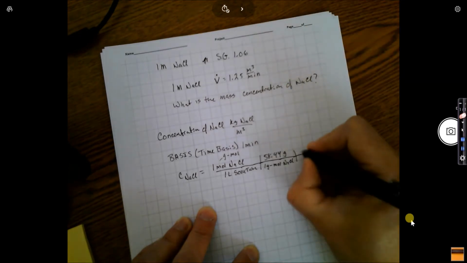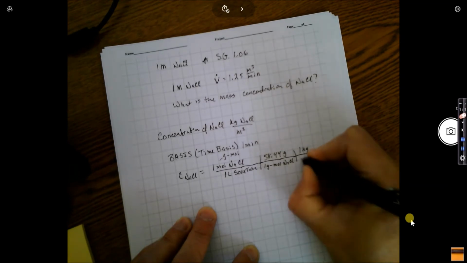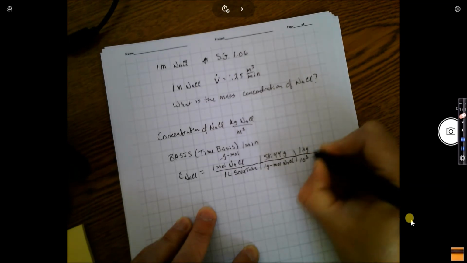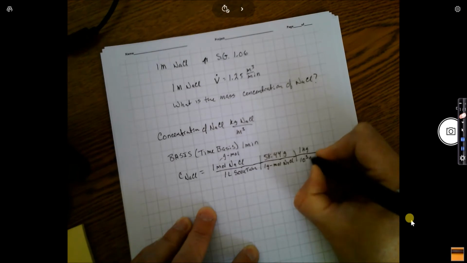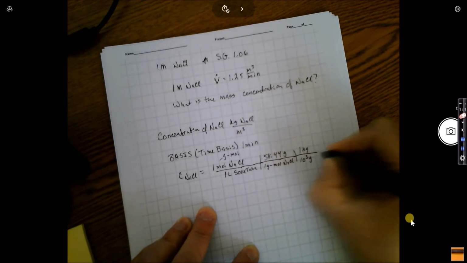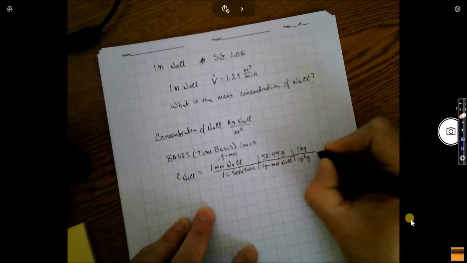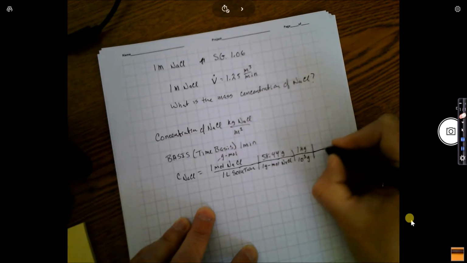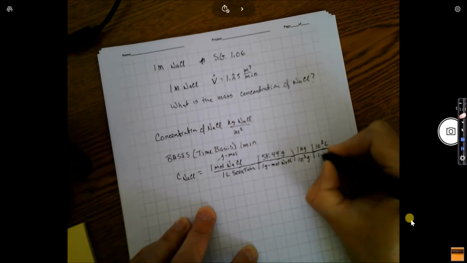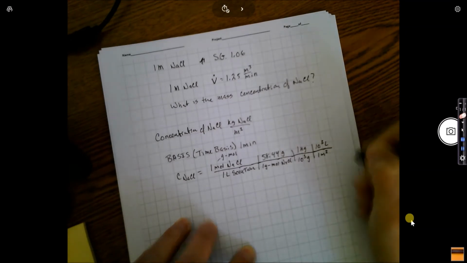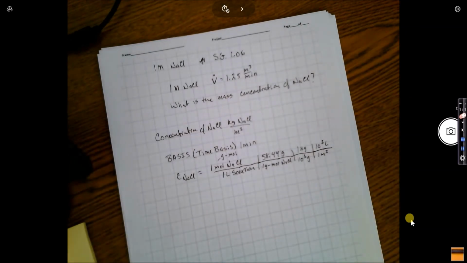So 1 kilogram is 10 to the power of 3 grams, or 1,000 grams. I put it in 10 to the power of 3 just because I'm running out of room on my paper. And a liter to cubic meter: there are 10 to the 3 liters, or 1,000 liters, in a cubic meter. All right, so I'm going to plug and chug here.